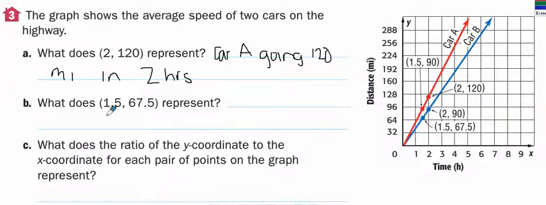Part B asks, what does (1.5, 67.5) represent? So we're going to go over to 1.5 and up to 67.5, and that's that blue dot. So we know it's car B. It is when car B travels an hour and a half and goes 67.5 miles.